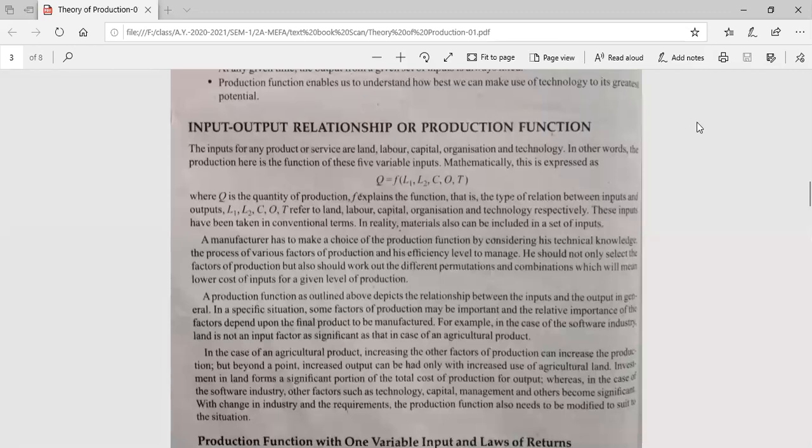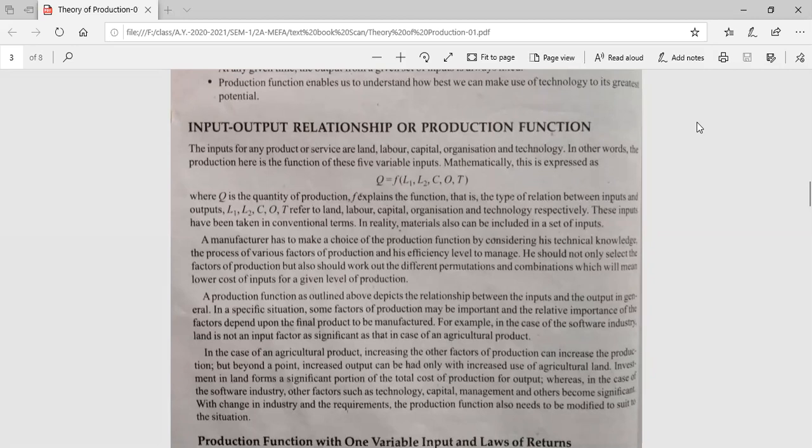So here you can see a production function will have different number of factors. Mainly, we will have land, labor, capital, organization, and T is the technology, and we can also add machines there.